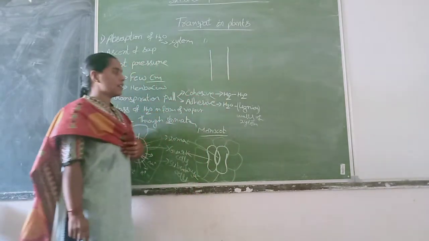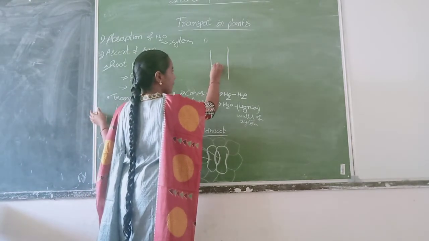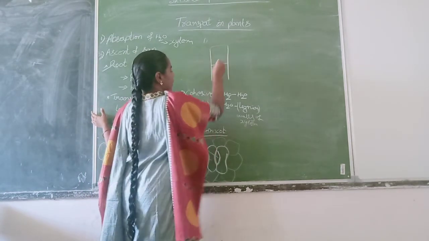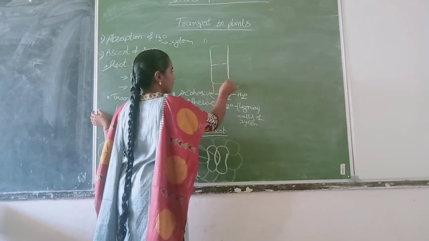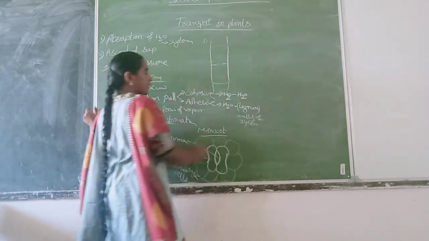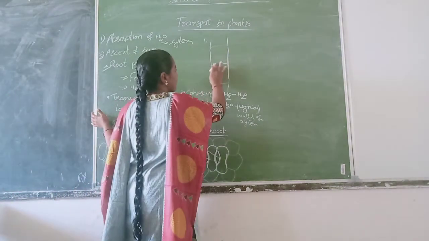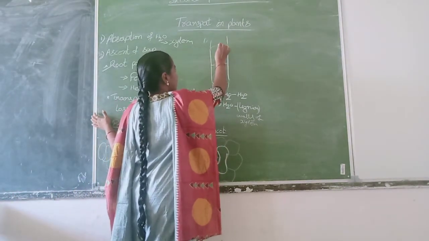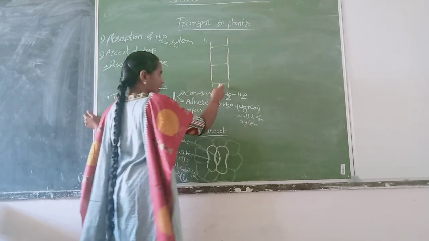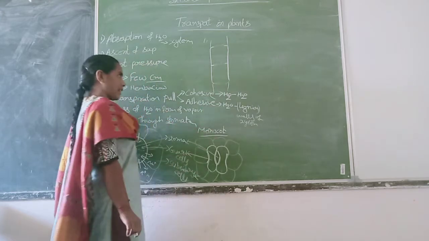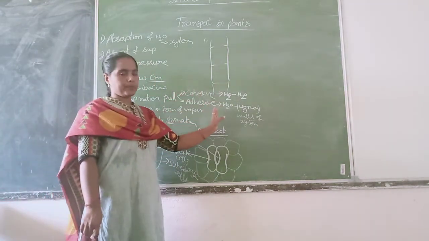If this is the xylem vessel, xylem cells are generally cells like this, but here in the xylem cells, the membrane between them disappears, so that it creates continuous passages, just like a straw, just like a tube.